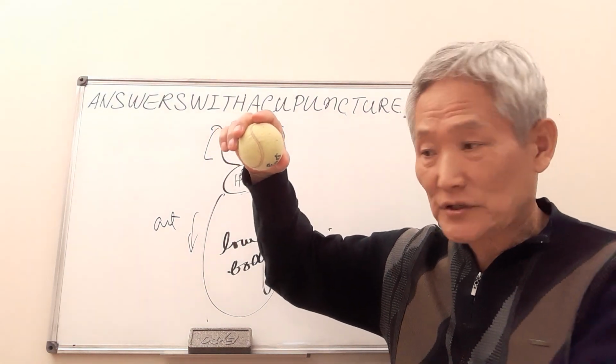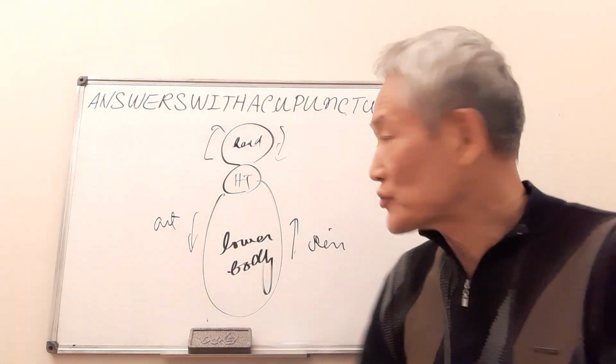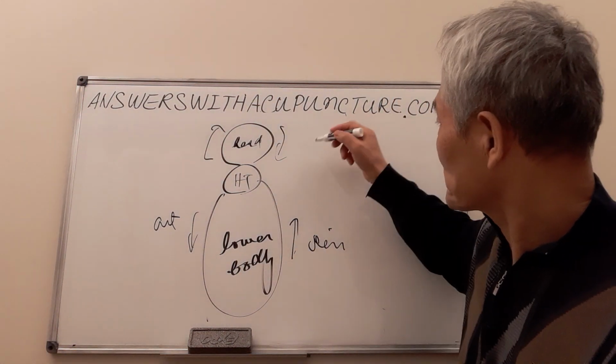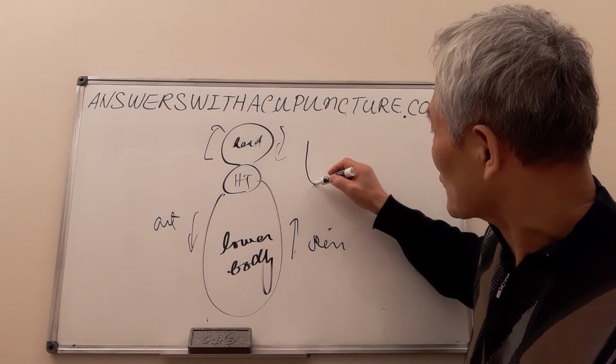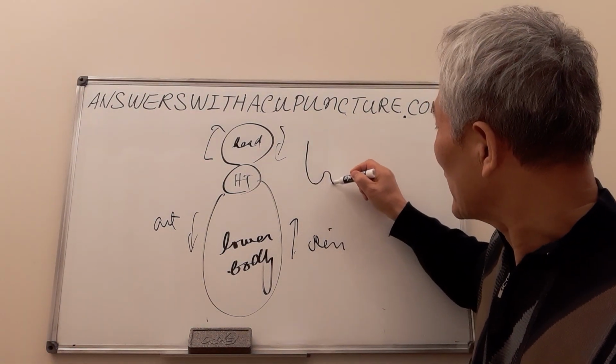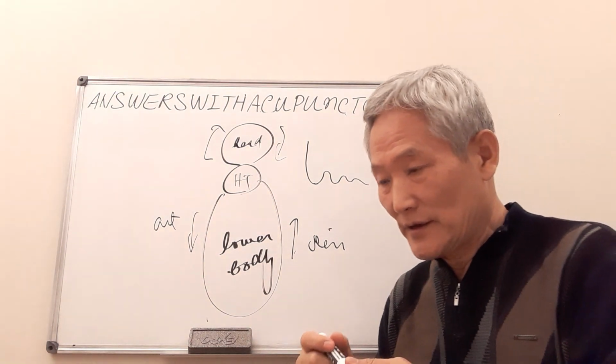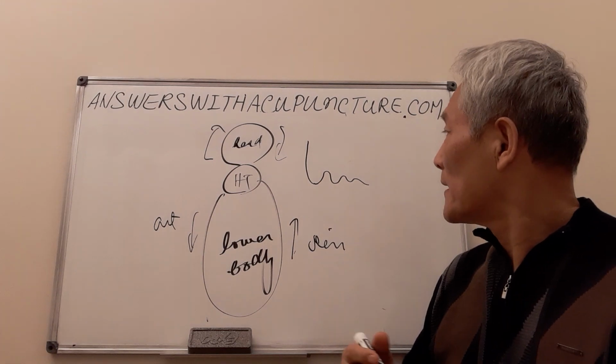Now, if I just let this one drop, usually what happens is the ball comes down, hits the floor, then comes up, then it goes to the flow.